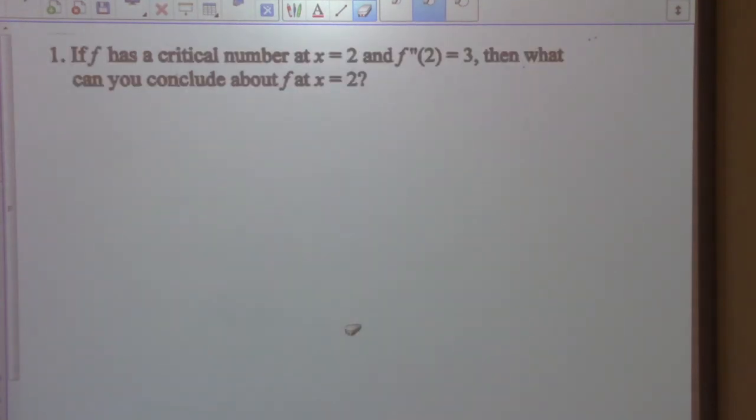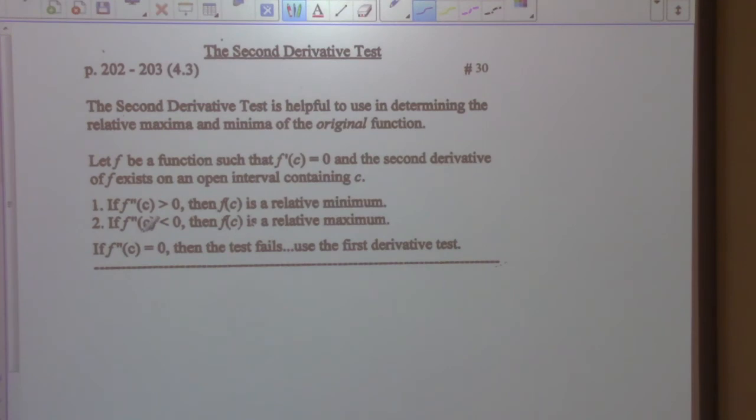So here we have a problem. Number one says if f has a critical number at x equals 2, and that isn't even enough information. It has to be this kind of critical number. So let's assume we know it's this, because what other kind of critical number could there be?